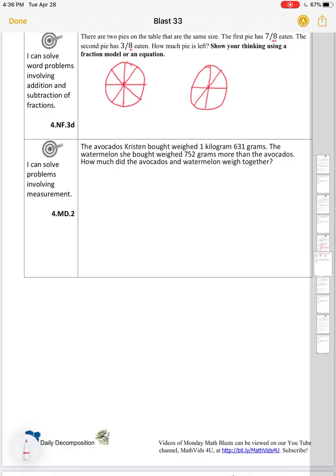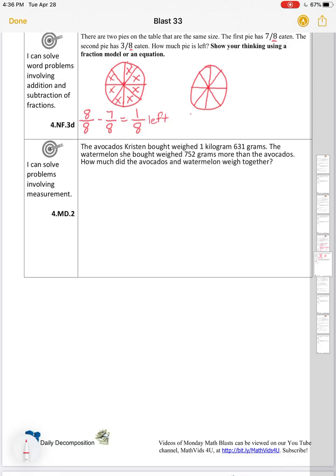Now, in the word problem there, we learned that in the first pie, 7/8 was eaten. So I'm going to cross off 7 of the 8 pieces. I can show that in an equation. 8/8 is the whole pie, and if 7/8 was eaten, we're going to subtract 7/8, and we would have 1/8 left.